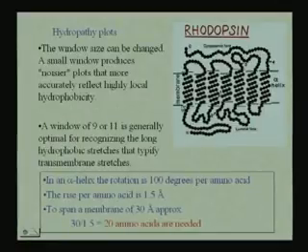Now, if I know that my membrane is 30 angstroms thick, then how many hydrophobic residues should I have there? 20. Why? Because each amino acid residue contributes 1.5 angstroms, and I have to span 30 angstroms.